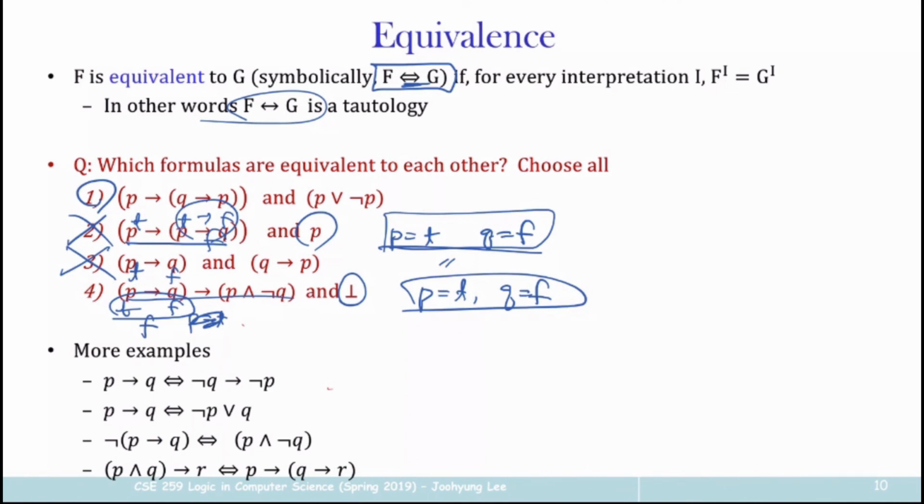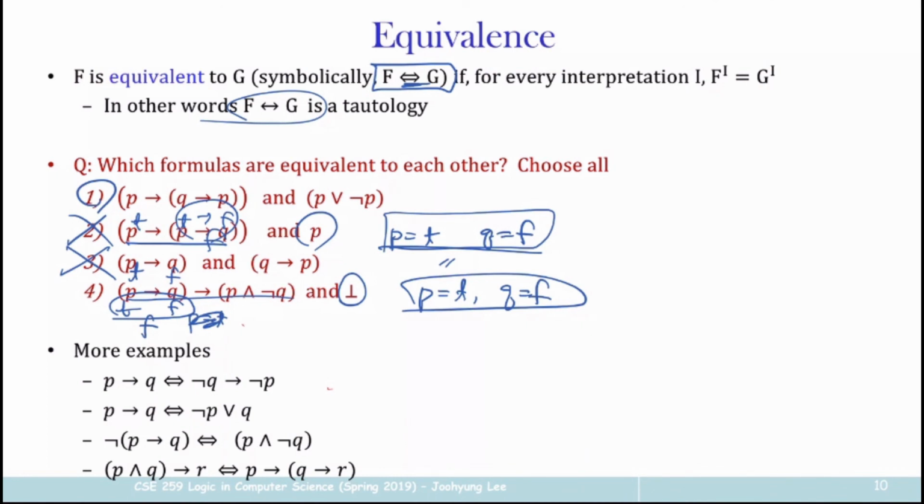Now, equivalence is actually a very important notion because it tells you how to simplify a formula. In some branches of mathematics, all you need to do is simplification. When you do algebra, you are given a polynomial equation, and in the end you solve for x, x equals some value. All this process is just simplification, using algebraic properties, laws of exponents, and so on.